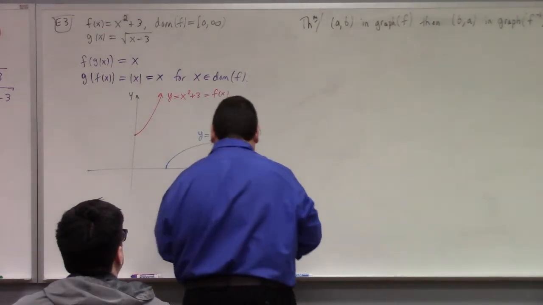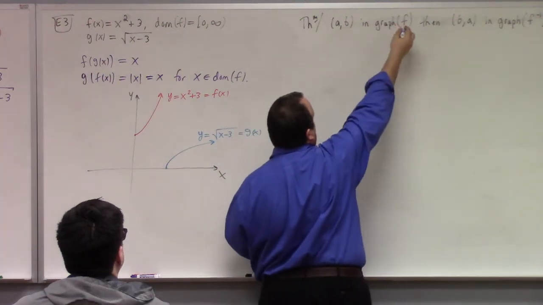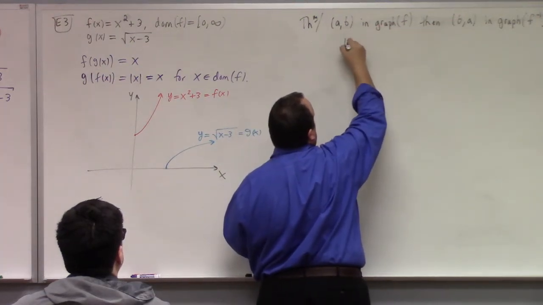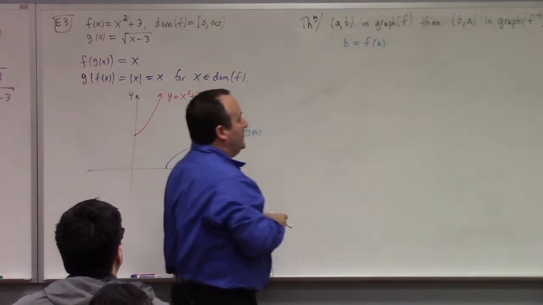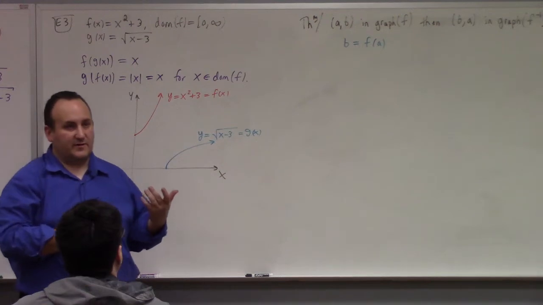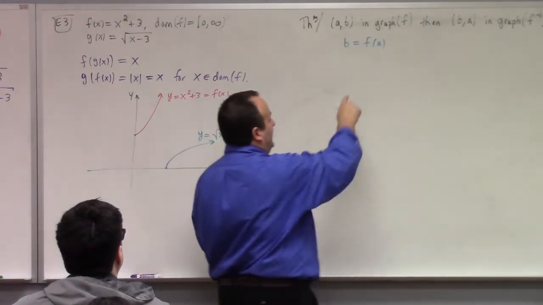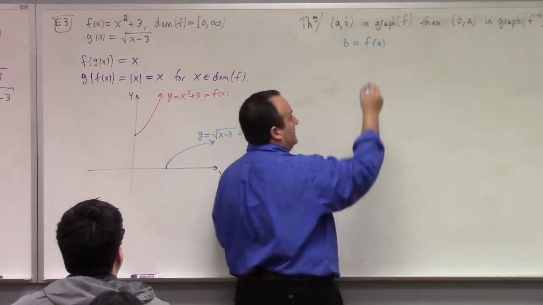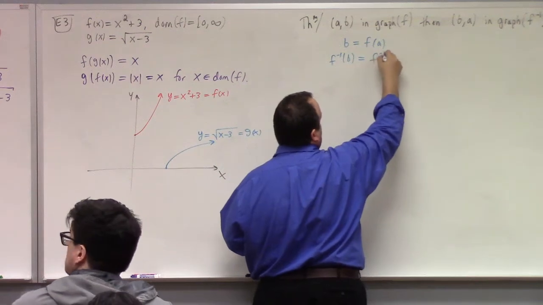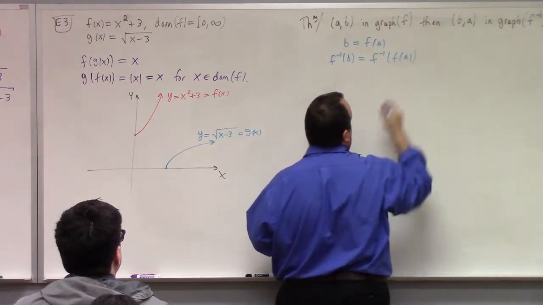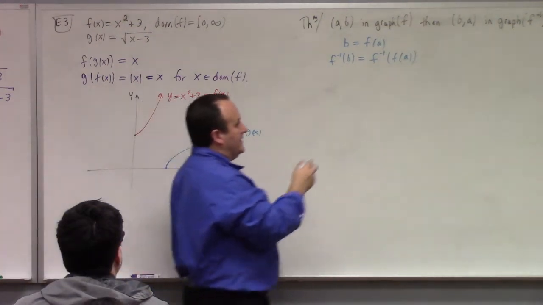So how do you prove that? Well, what does it mean for (A, B) to be in the graph of f? That means that B is equal to f of A. For (A, B) to be in the graph, you get the y component by taking f of the x component. So if we take f inverse of B, we get f inverse of f of A, and f inverse of f of A is by definition A again.